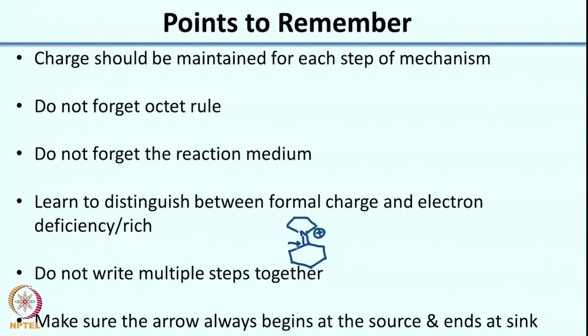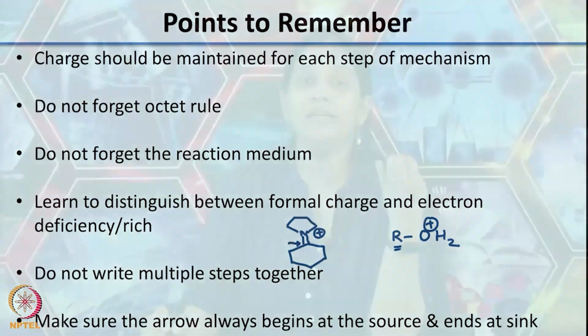So you need to be able to distinguish between formal charge and electron deficiency. Another example which we had seen earlier is, suppose you have this. Here again you have a charged species, but the electron deficient center is the carbon that is next to the protonated OH. Alright. So this is something which you have to be very careful about. When you think of electron sinks, it need not mean a charged species.